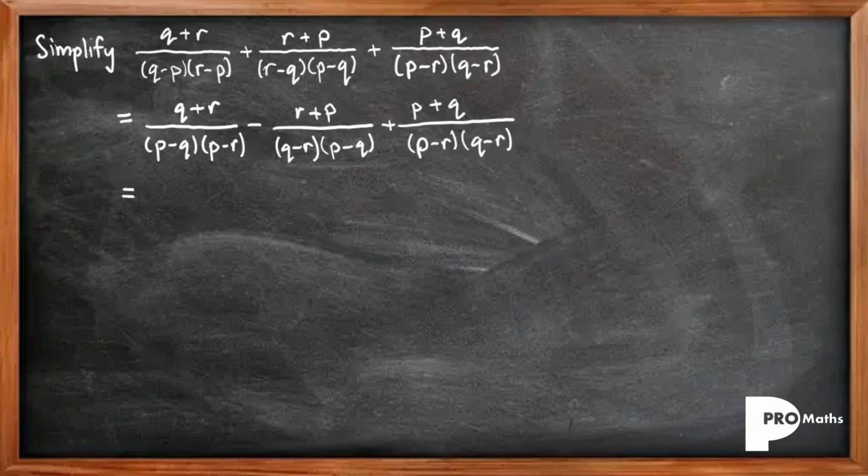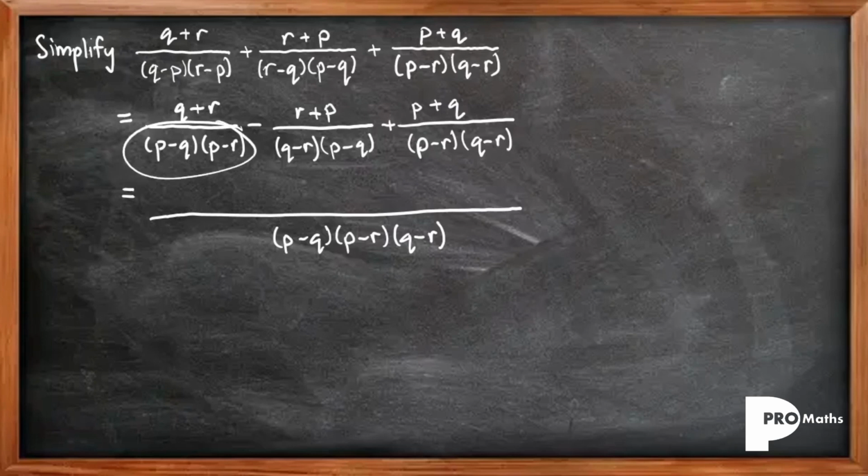So to simplify this, we're going to have to make one big fraction, and I can see now that the common denominator will be p minus q, p minus r, q minus r, because each denominator right now already has 2 of these, just needs a third one.